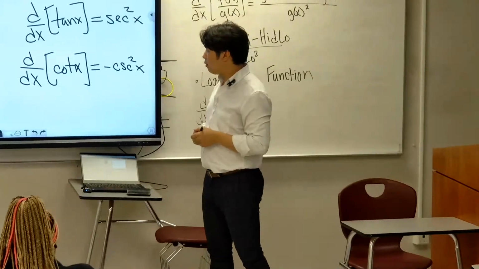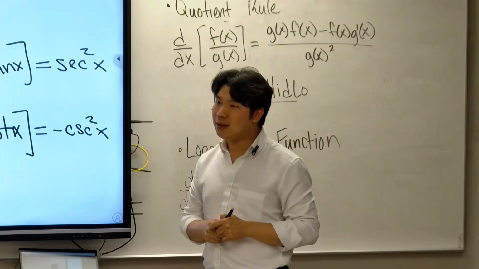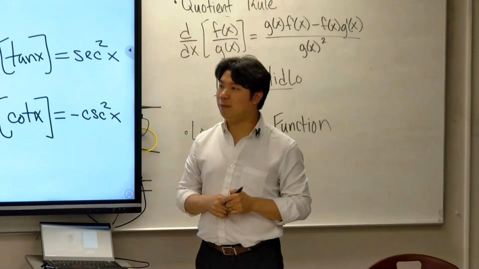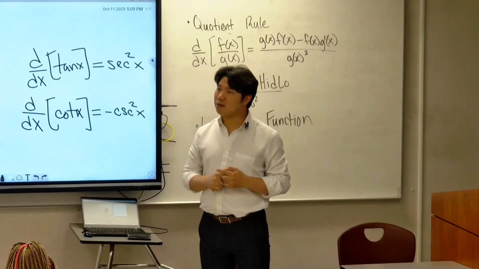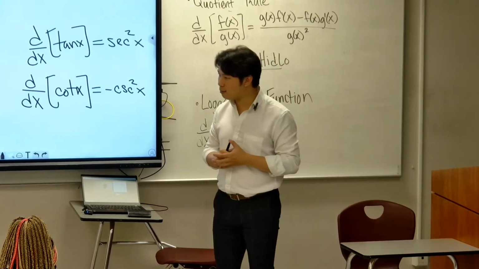Now let's go for a little bit tougher ones, the inverse trigonometric functions. Let's start it off with the first one, arc sine of x. What's the derivative of arc sine, or you can say sine inverse of x?